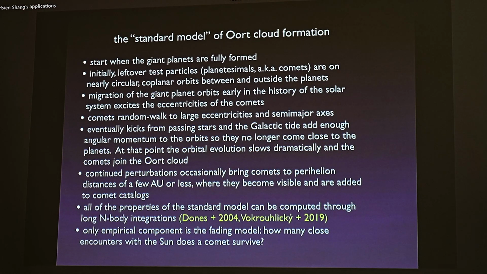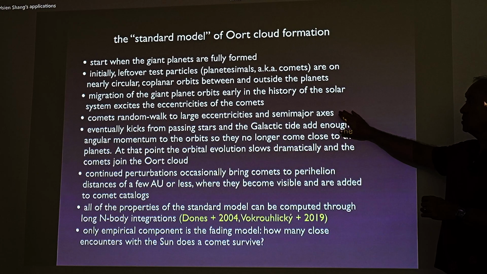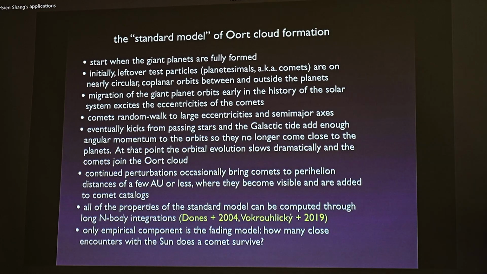We believe that the giant planets migrated early in the history of the solar system. As they migrate outward, they'll plow into the comets that are outside the planetary orbits and excite the eccentricities of the comets. The comets eventually random walk from repeated encounters with the planets to large eccentricities and semi-major axes, until eventually the kicks from passing stars and the galactic tide change the orbits enough.